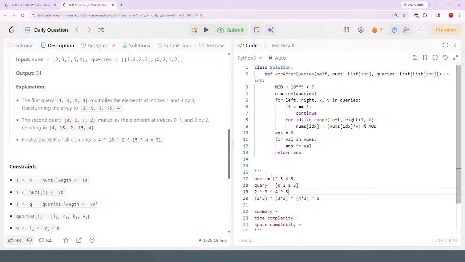So I'm trying to see if there's a simplification here, like can I factor out or somehow pull out the 3? The 3's cancel. So this ends up being 6 XOR 9 XOR 12 XOR 5.